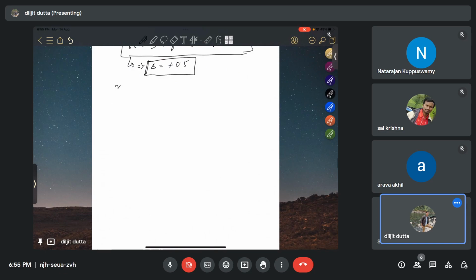We have x naught equal to 0.7. So now x1 is equal to x naught plus 2 to the power 0 into delta, and this will be equal to 1.2.